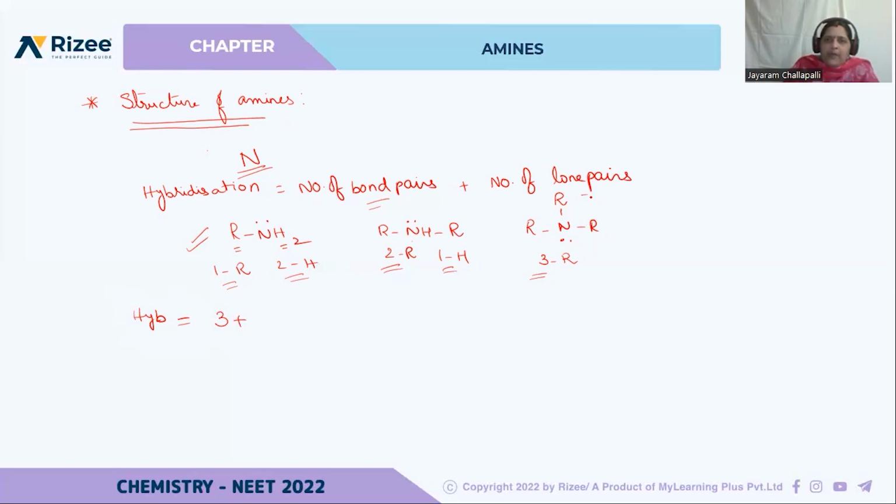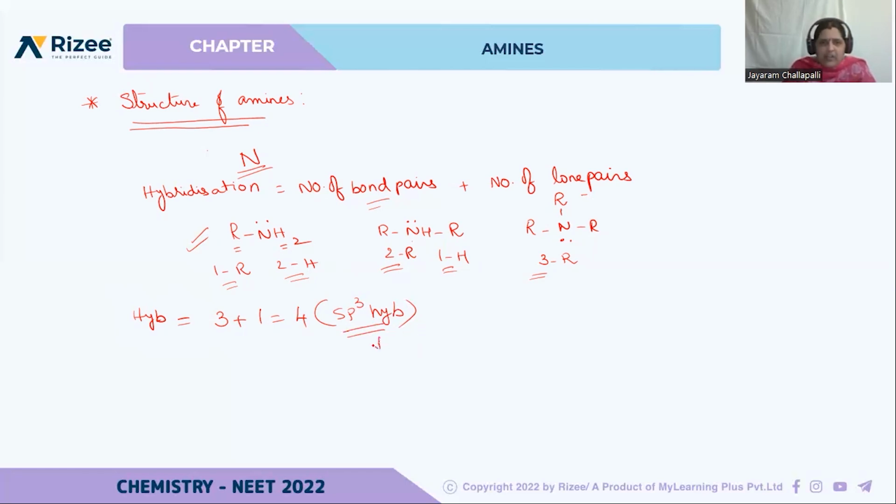Number of lone pairs: primary has 1 lone pair, secondary 1, tertiary 1. So the total is 4. As we know, this shows sp3 hybridization. sp3 hybridization is shown by N.